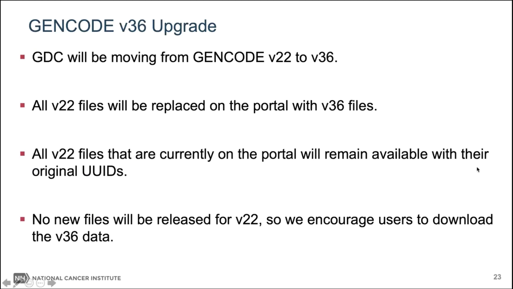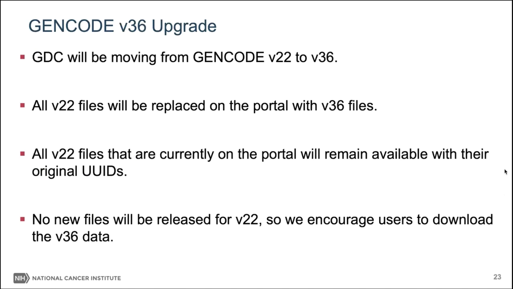There are some files like whole genome sequencing alignments that do not matter because they are completely independent from the gene model. But the ones that are affected will be replaced on the portal with the version 36 files.